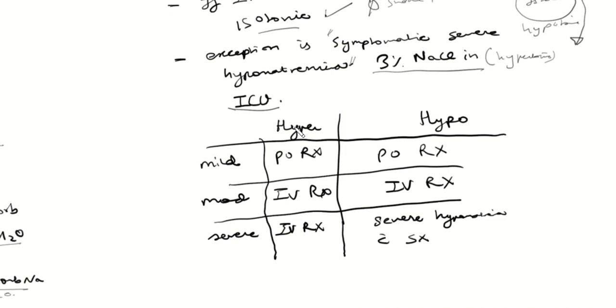So, if you have hypernatremia, if it's mild, give something by mouth. If it's moderate, sure, IV, prefer isotonic. If it's severe, IV, again, we try to stay as close to the patient's tonicity as we can. Okay? If it's hypo, if it's mild, we give by mouth therapy. If it's hyponatremia, it's moderate, we may consider IV.